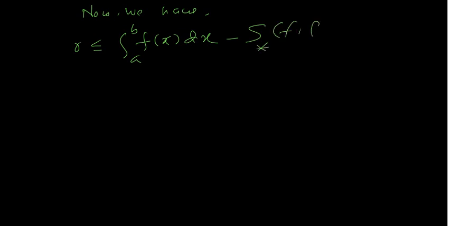Obviously, the lower sum is always less or equal to the infimum of the upper sums, which is equal to the integral. So this is always greater or equal to the lower sum.